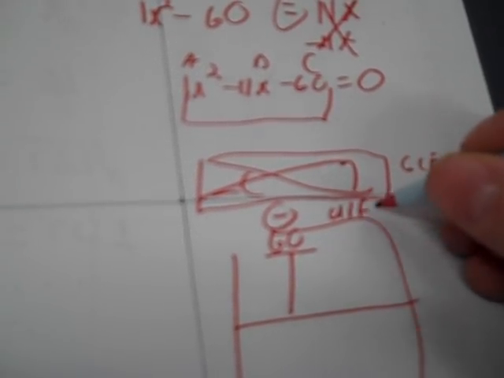GCF and the t-chart. Okay, GCF, no negative, you don't have x on everything, and 1, 11, and 60, no. So now A, B, C that. 1 times negative 60, take the A times the C is negative 60. So if it's negative, we're looking for two factors that give me a difference of 11.